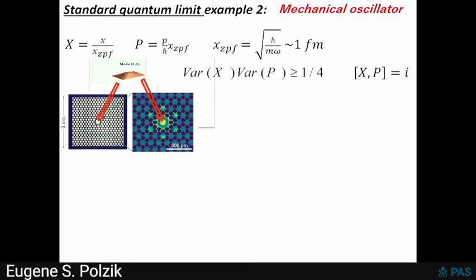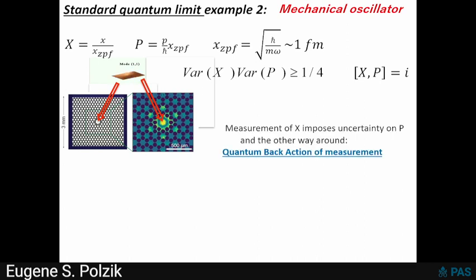So for an oscillator, there is, of course, also the uncertainty principle, and therefore the measurement of X imposes uncertainty on P and the other way around. And there is a quantum back action of the measurement, which doesn't allow you to measure precisely.